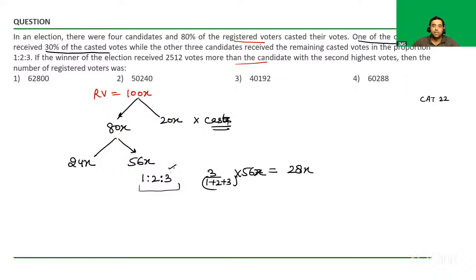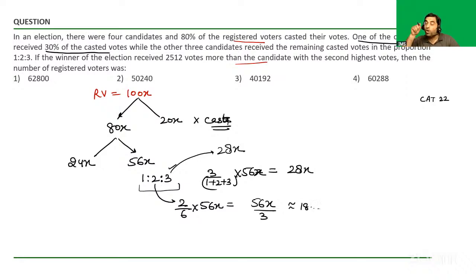So this candidate has got 28x of the total votes. I hope I'm making sense. Now the next person is 2/6 of 56x, which is 56x by 3, close to 18 point something.